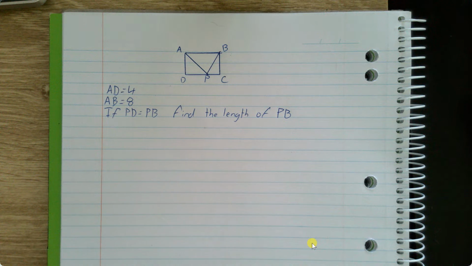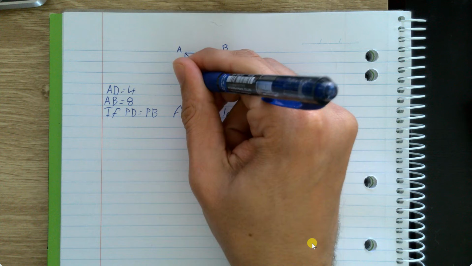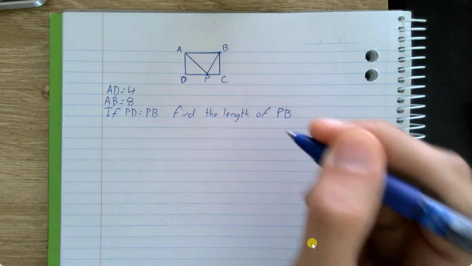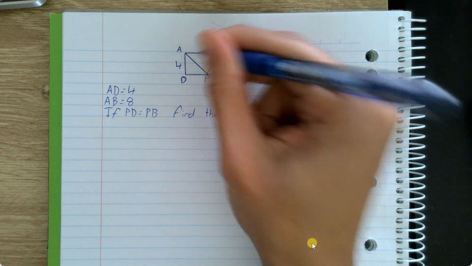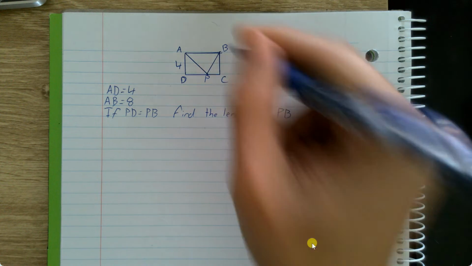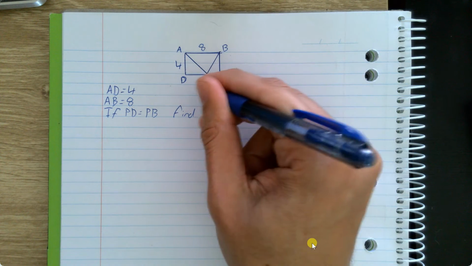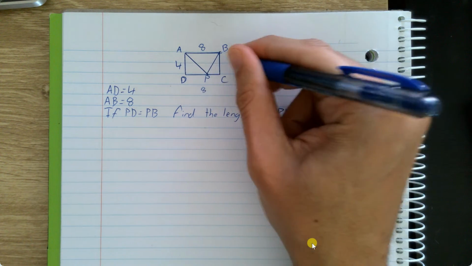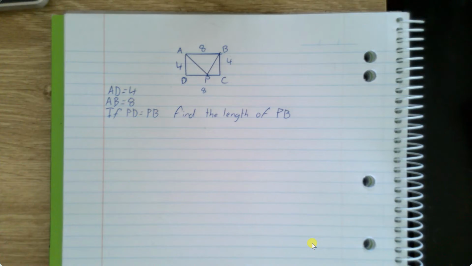The question starts off by saying that AD, which by the way this is the D, has a length of 4. AB at the top has a length of 8, and that means that the length down the bottom will also be 8, and the length on the side there will also be 4.